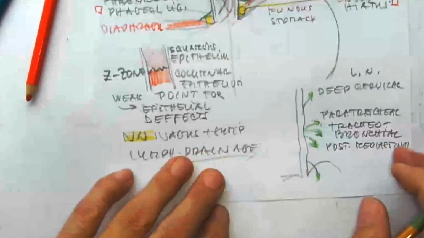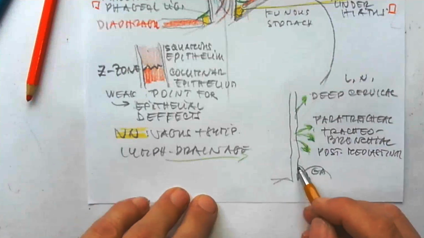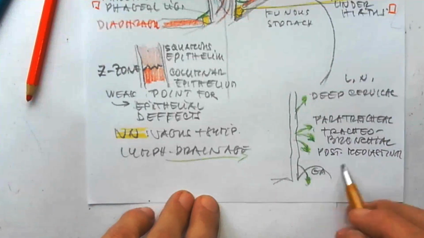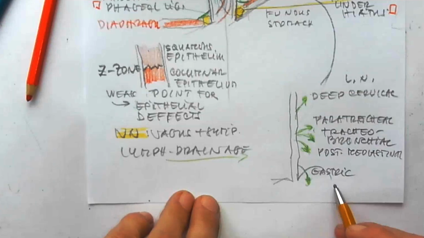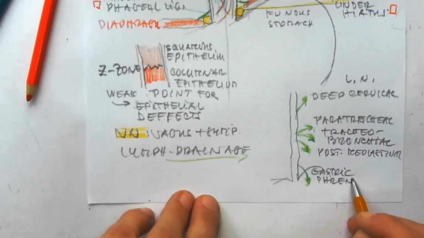And then finally to the gastric, because the lower part is connected with the gaster, so gastric lymph nodes, and phrenic, no?